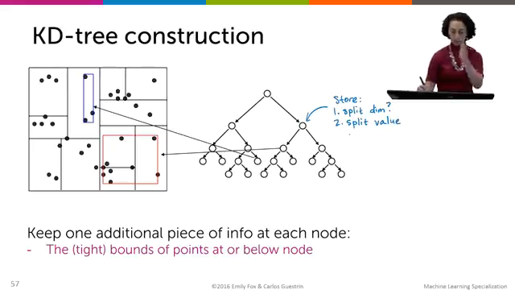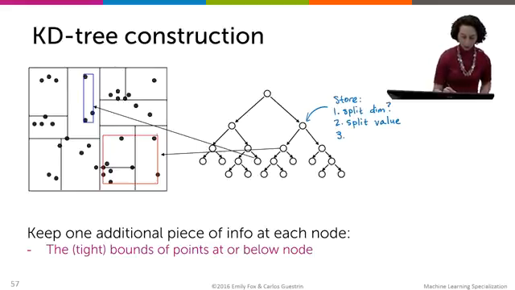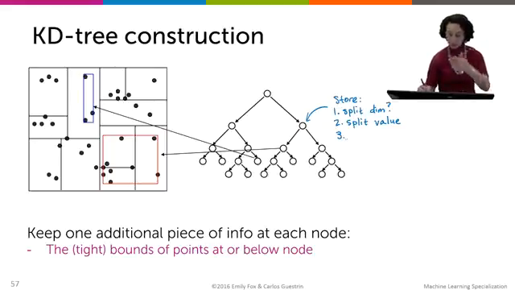So where did we set that split threshold? And the third thing we're going to store is the tightest bounding box. So the box that's as small as possible that contains all observations within that node, or that satisfy the conditions to that node.